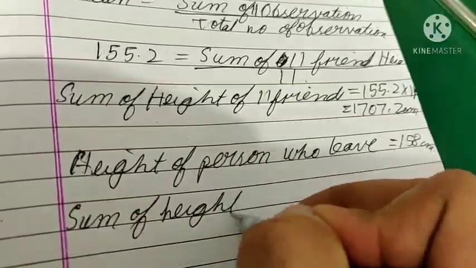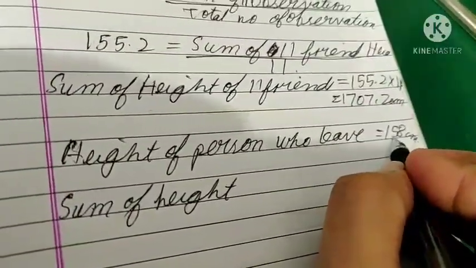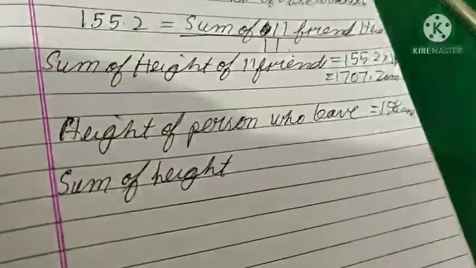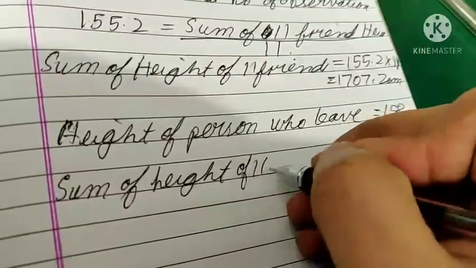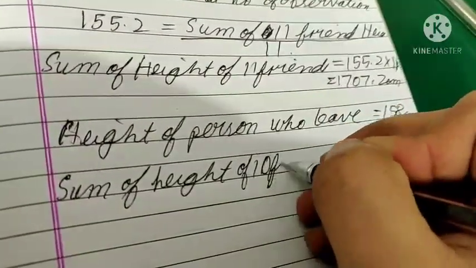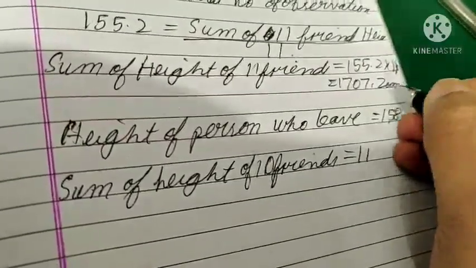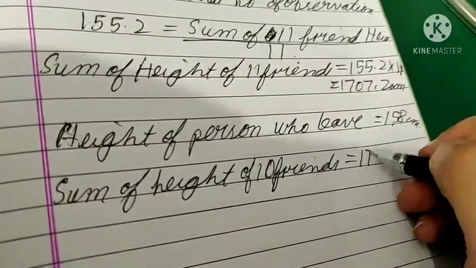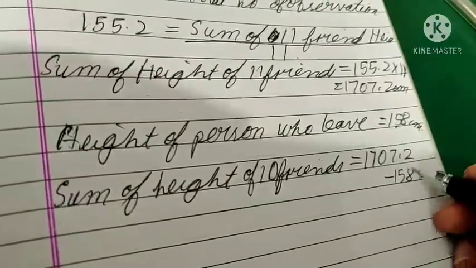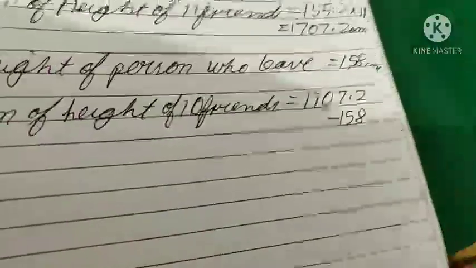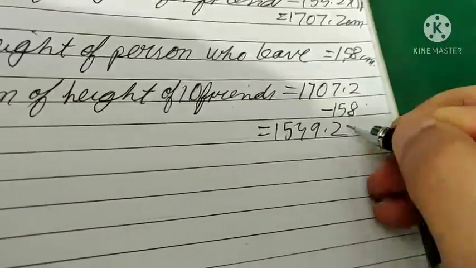If we remove the height of this 11th person from the sum, we will get the sum of heights of 10 persons. Sum of height of 10 friends will be sum of height of 11 minus that person itself. Sum of height of 11 was 1707.2 minus 158. Okay, this is 1549.2 centimeters.